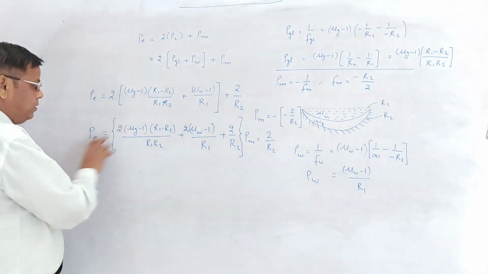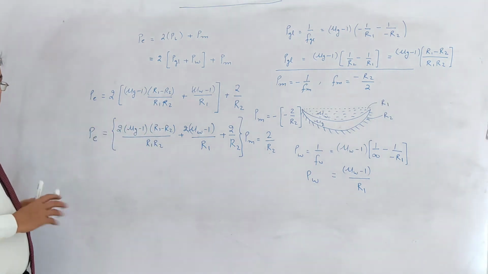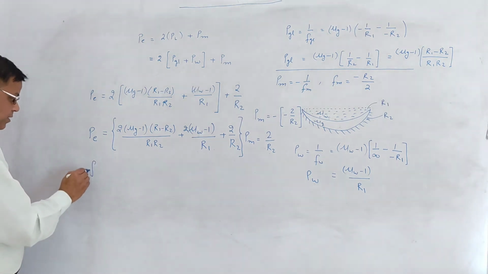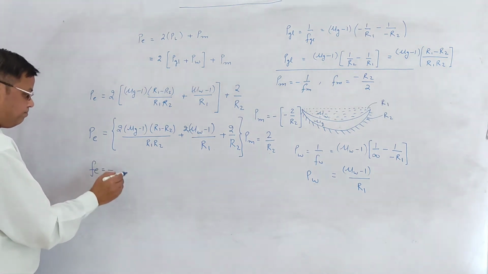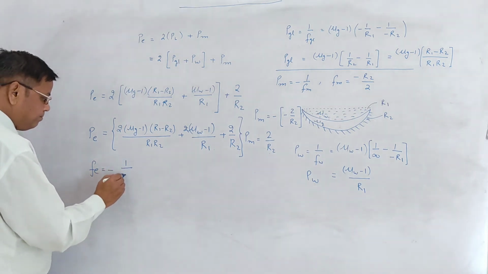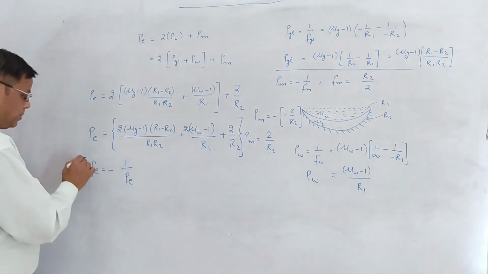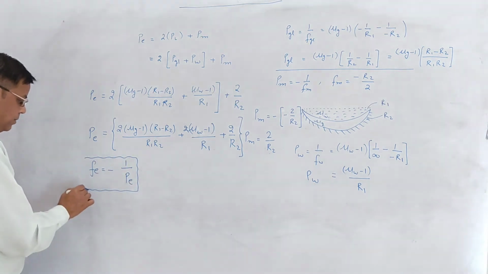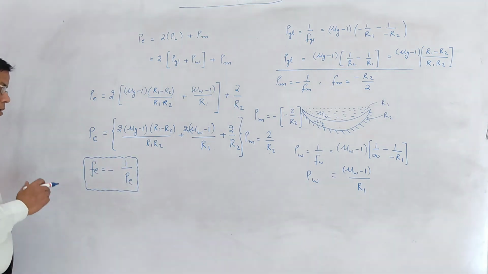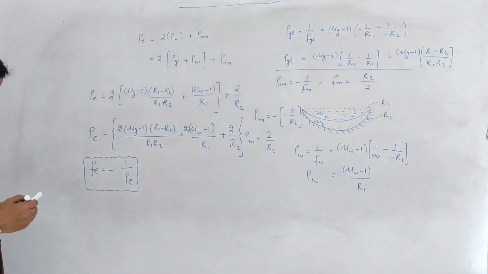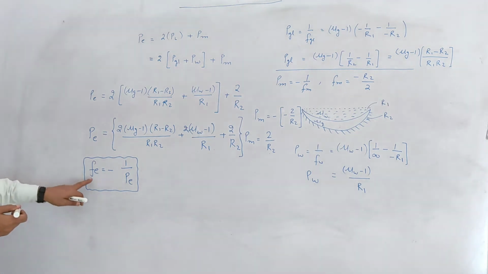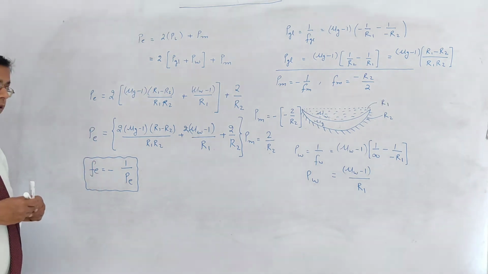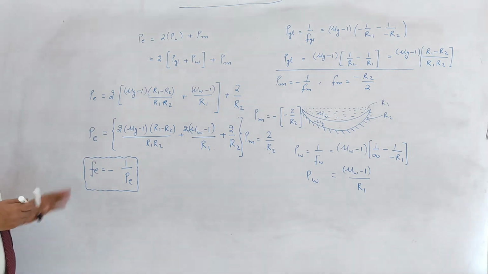If it is positive, then power will be positive. And if power is positive, then definitely effective focal length will be negative. It means the lens will behave like a concave mirror. If effective focal length is positive, then the lens behaves like a convex mirror.